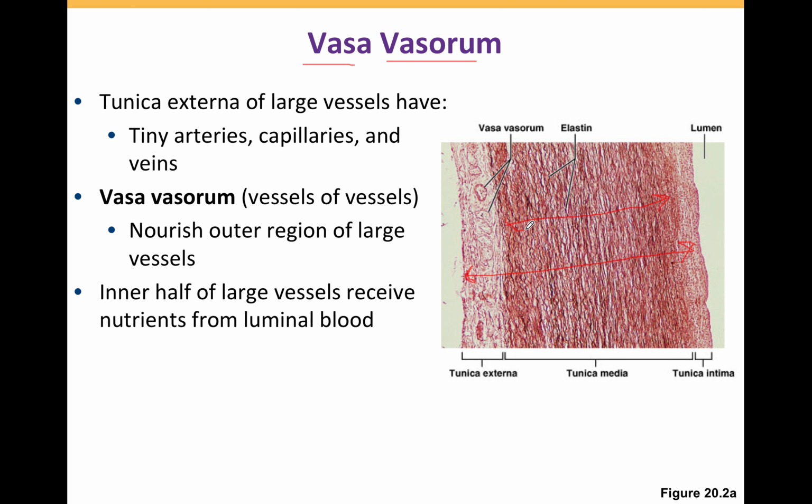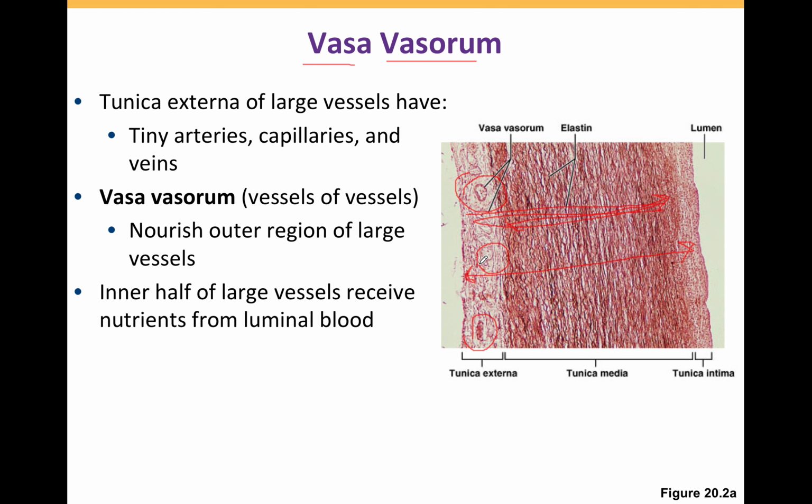Now, think about the thickness of these blood vessels. It's very difficult to supply blood throughout this tissue, right? It's very thick. So what you do is you actually embed specific blood vessels, which you see right here, right here, right here, through the tissue itself, through the thickness of the blood vessel, to supply oxygenated blood for these cells.